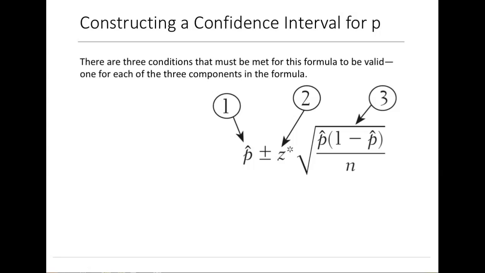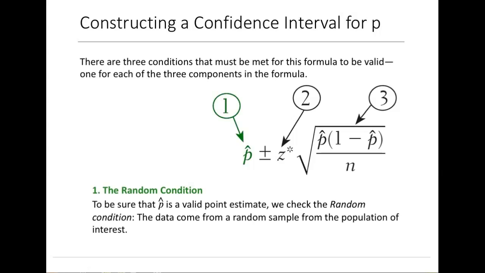All right, so 3 conditions must be met for that formula to be valid, okay? The first condition is that it has to be a random sample. This is pretty much the most important. You have to check these conditions, and not in your head, you have to state them.